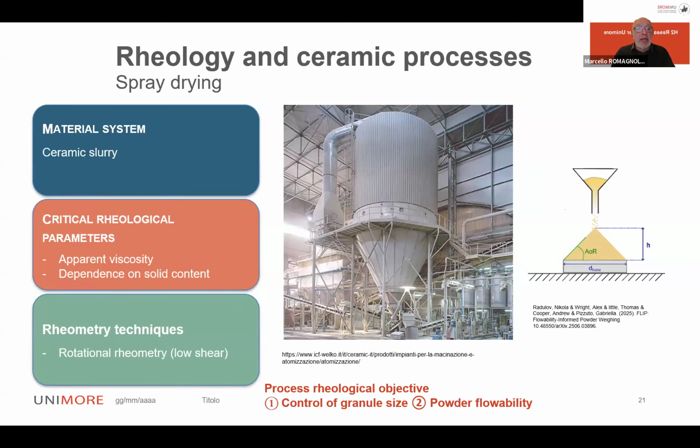Again, for example, in spray drying, we need the right apparent viscosity of the material, not so high as to have problems in pumping the slurry inside the spray dryer, but not too low, so as not to obtain aggregates that are not spherical or similar to spheres, which reduce the flowability of the powder.